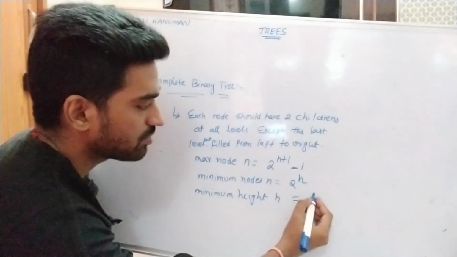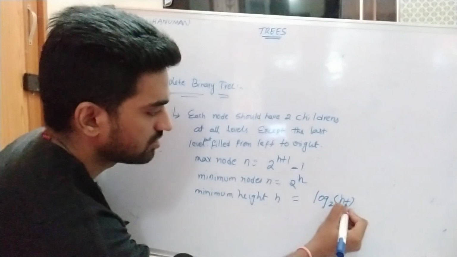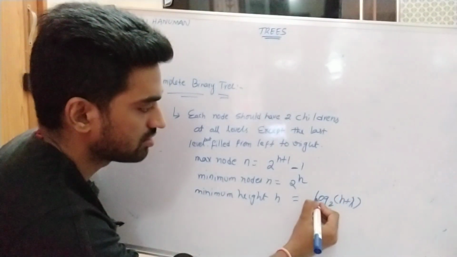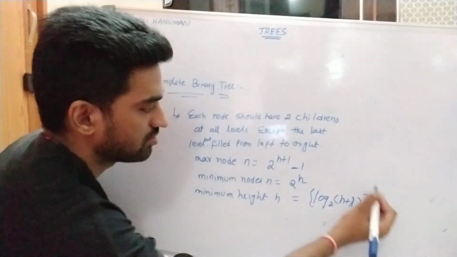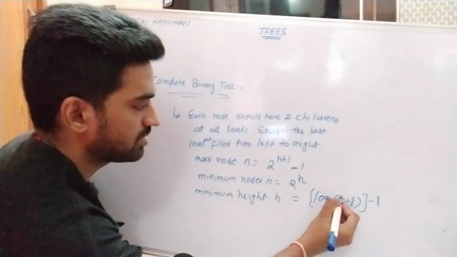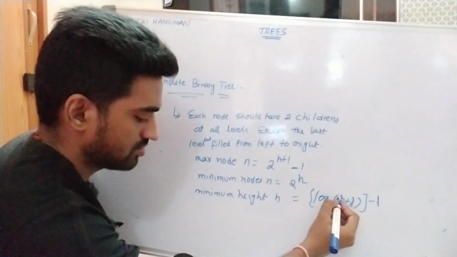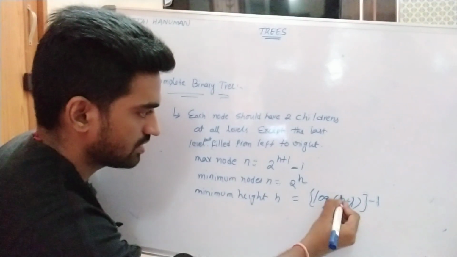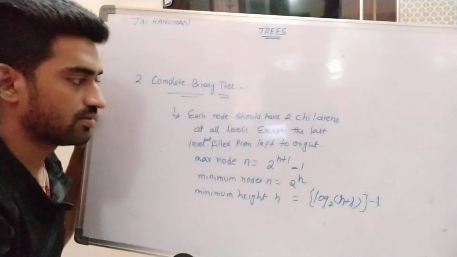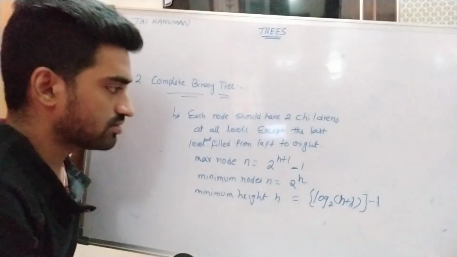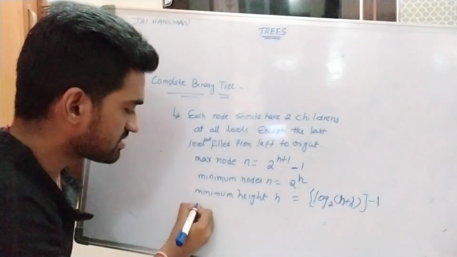So that's why directly here I am writing log base 2 of n plus 1, so this is n plus 1 minus 1. So h is equal to, right? So this is about the minimum height based on the maximum nodes.